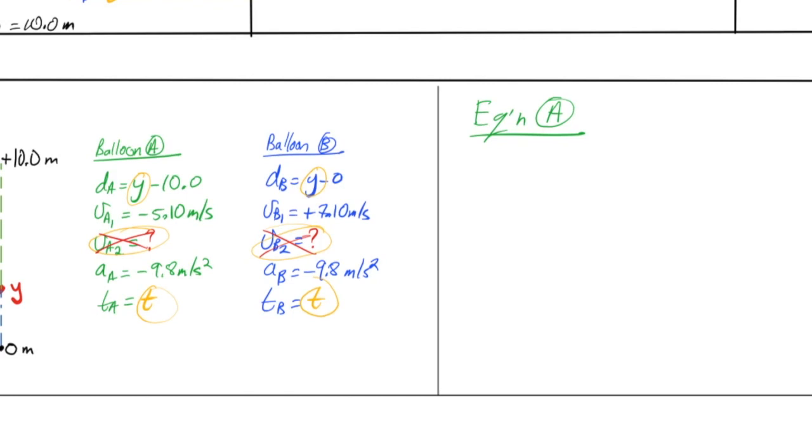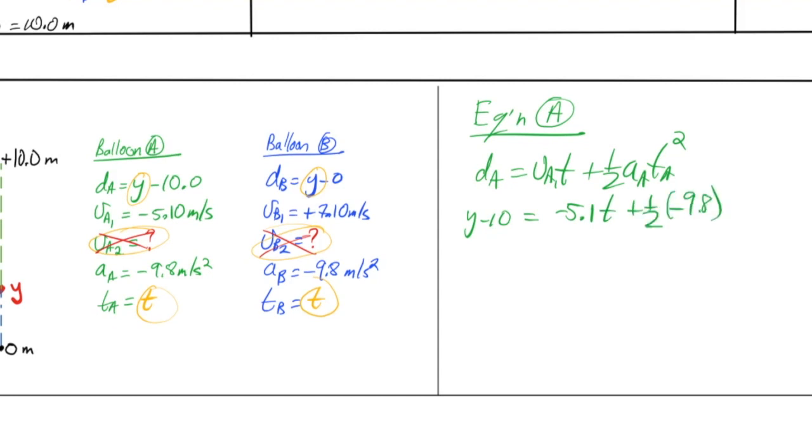So let's start with our equation A. dA is equal to VA1T plus 1/2 AATA squared. Substituting in, y minus 10 equals negative 5.1T plus 1/2 times negative 9.8 T squared. Isolating for y, y is equal to negative 5.1T minus 4.9 T squared plus 10.